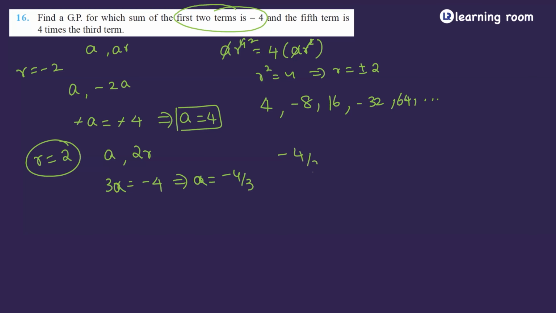So the sequence is minus 4 by 3 comma, you multiply this with 2: minus 4 by 3, minus 8 by 3, minus 16 by 3, so on. So this is another sequence that is possible. So there are two sequences possible for this scenario. Are you able to understand? Have they given two sequences or one? They've given two, right? Two should come.